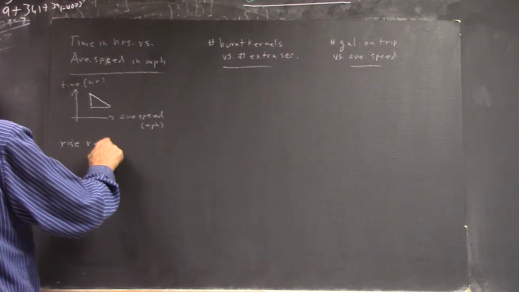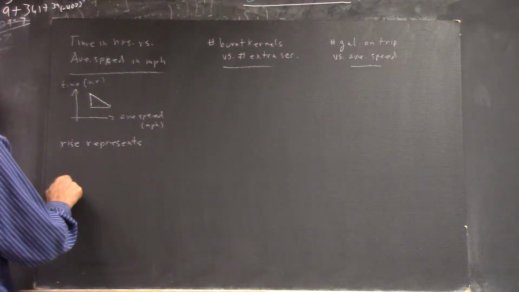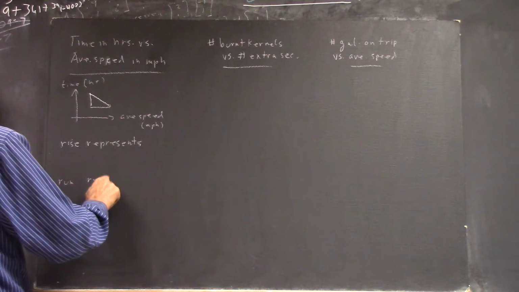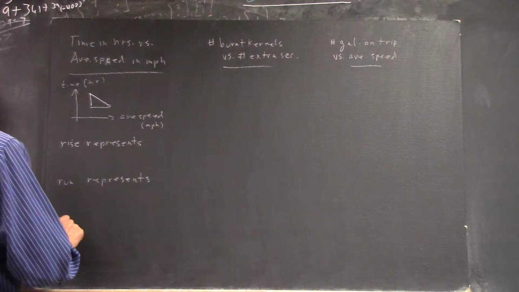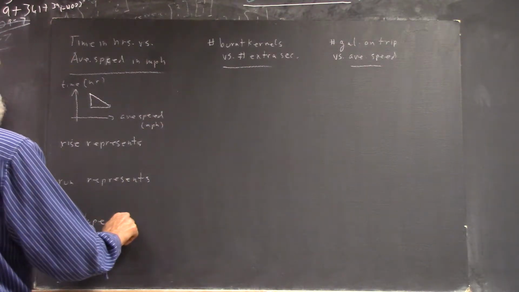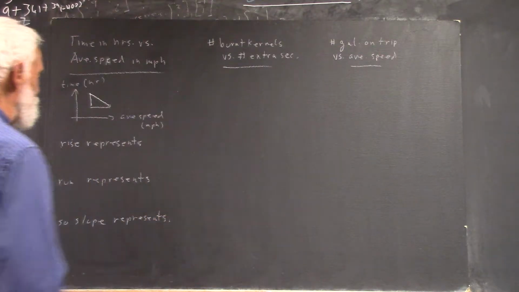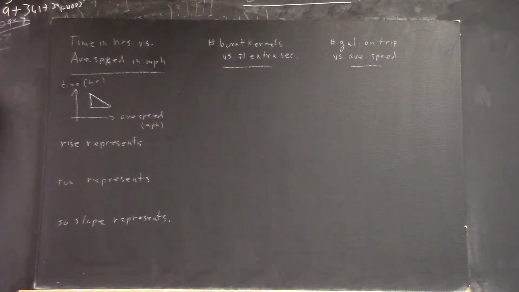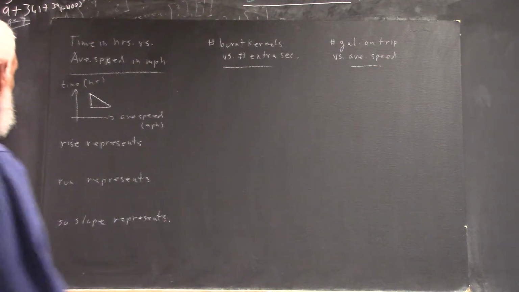Rise represents, run represents, the slope represents. Okay? So on every one of these, that's exactly what we want to do.